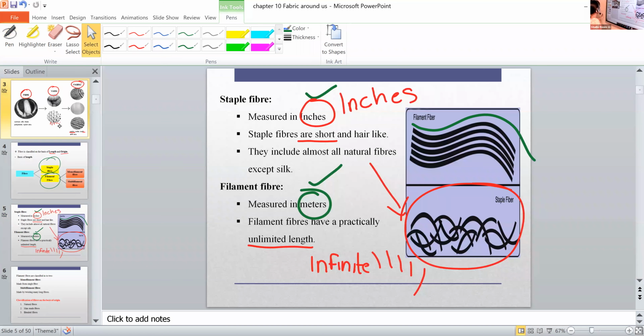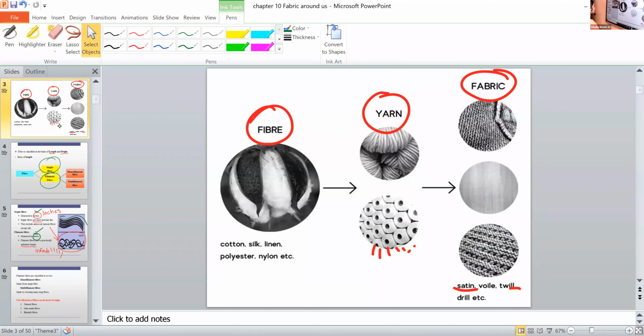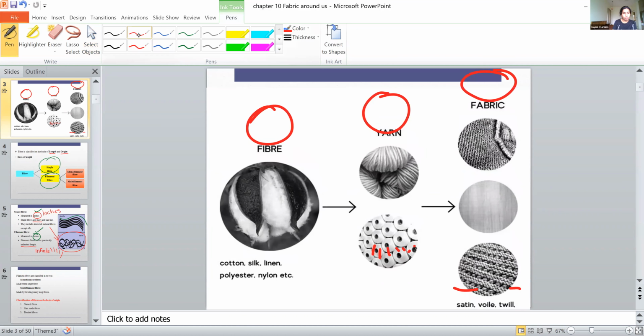Just summarize the fiber classification on the basis of length. Try. Fiber on the basis of length: staple fiber and filament fiber. Staple, S-T-A-P-L-E. It's correct, be confident. Staple fiber.